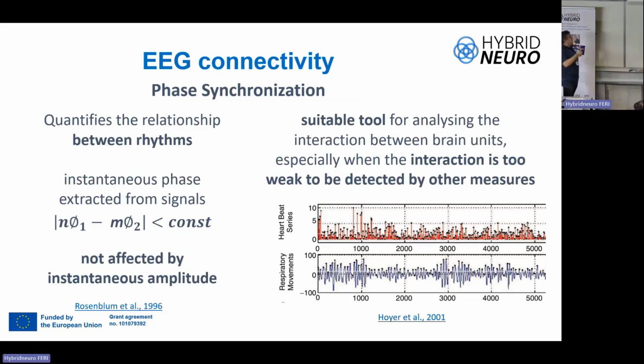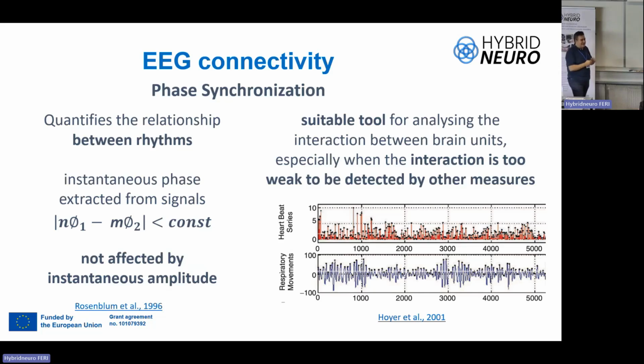But it's much better if we analyze the phase of the signals. It's curious because I teach the basic course of biomedical signal processing at my university, and I always explain that when we calculate the DFT, the fast Fourier transform, you must consider only the magnitude, the squared magnitude.